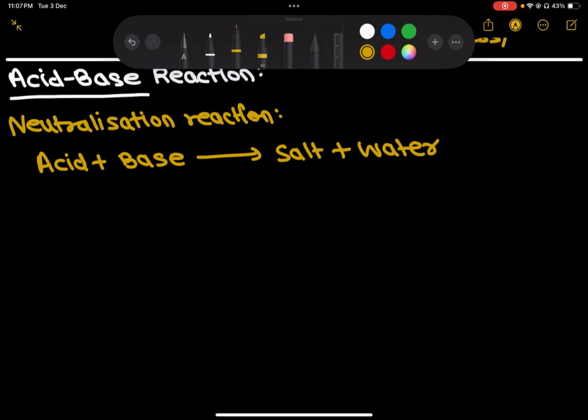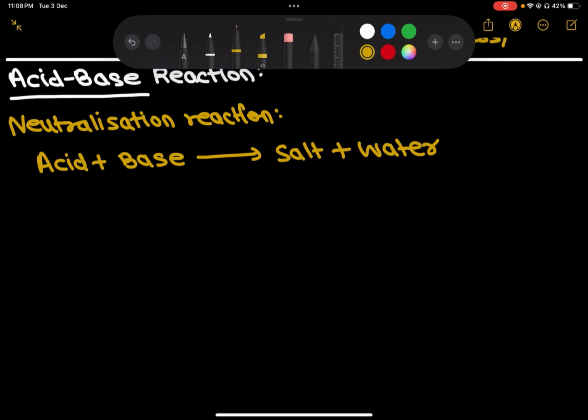The definition is that when an acid reacts with a base to produce a salt and water, it is known as a neutralization reaction. The actual meaning of neutralization is that the acid has neutralized the effects of the base and the base has neutralized the effects of the acid.